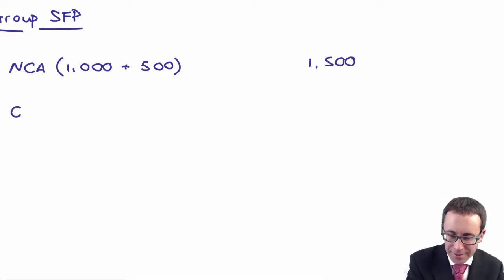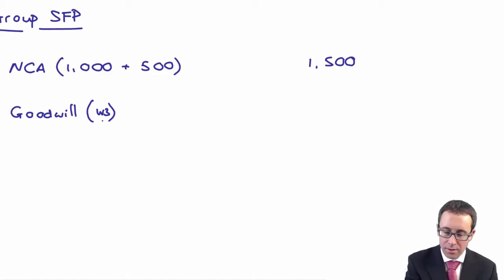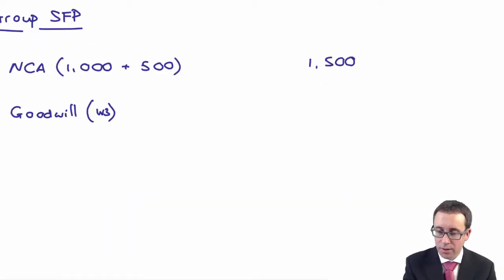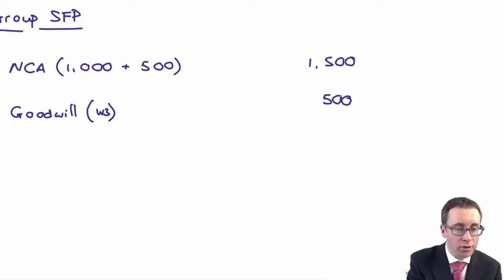Okay, excellent. We also have your goodwill. Goodwill, I can reference to working 3. My calculation of goodwill revealed, I think, a goodwill figure of 500. So I put my goodwill of 500.